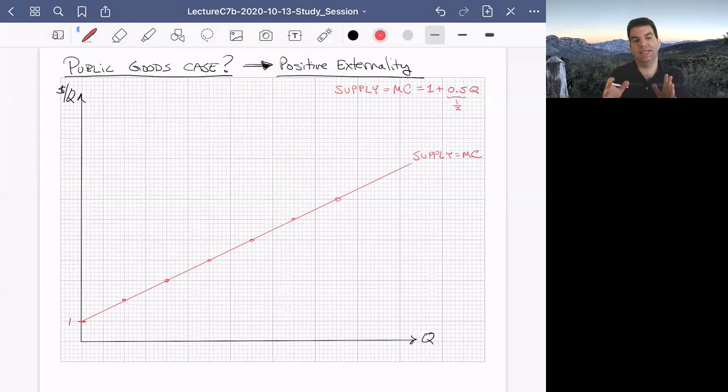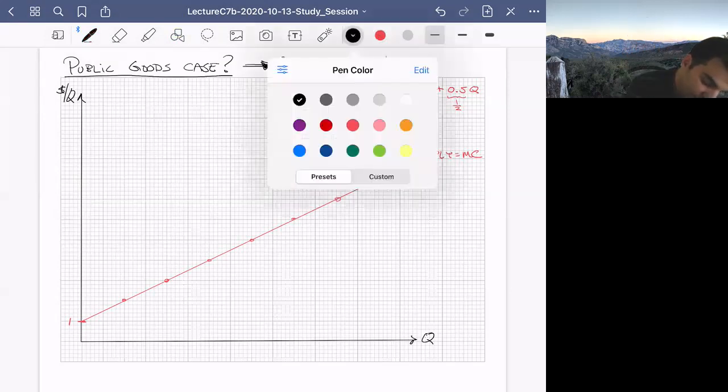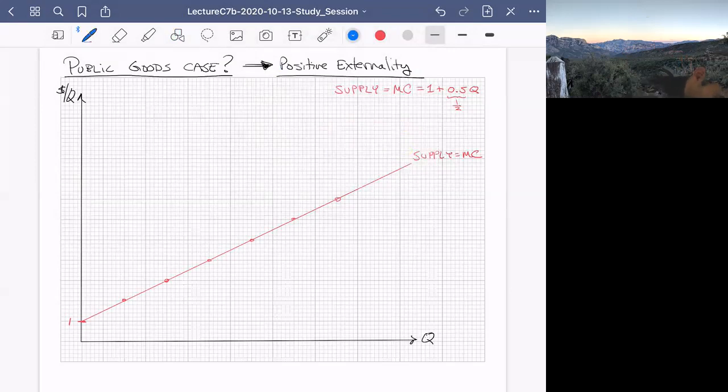And now, because this is the public goods case, we have 2 classes of consumers. We have consumers who we can call members. And they have a demand curve, which is equal to their own private marginal benefit.